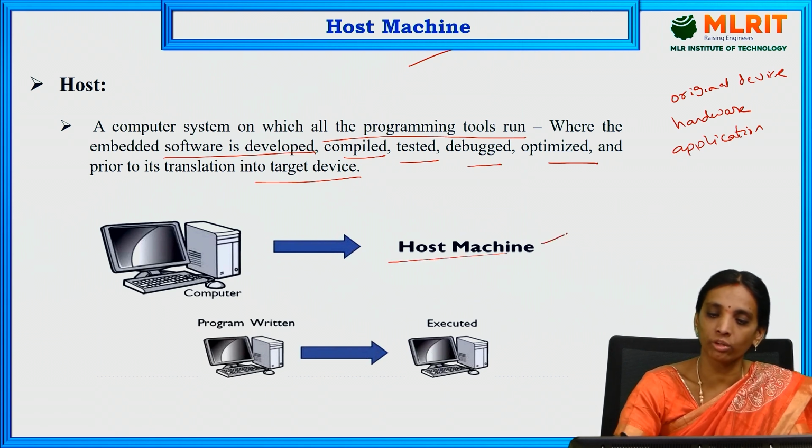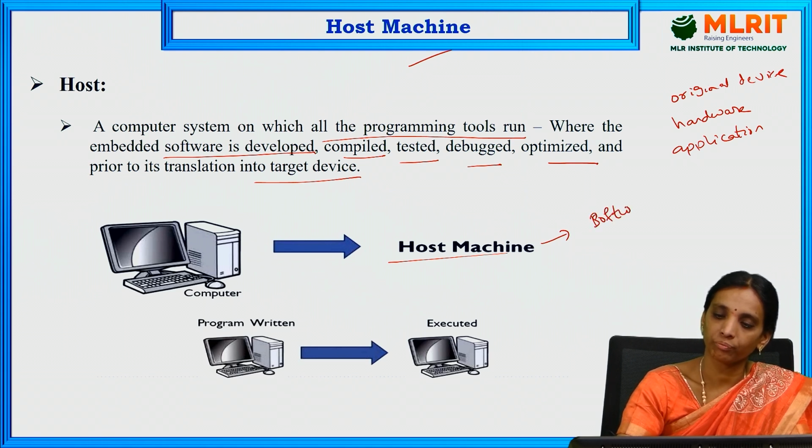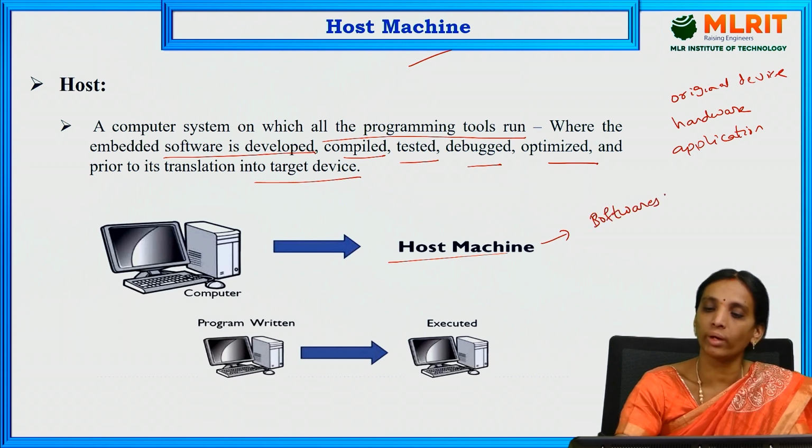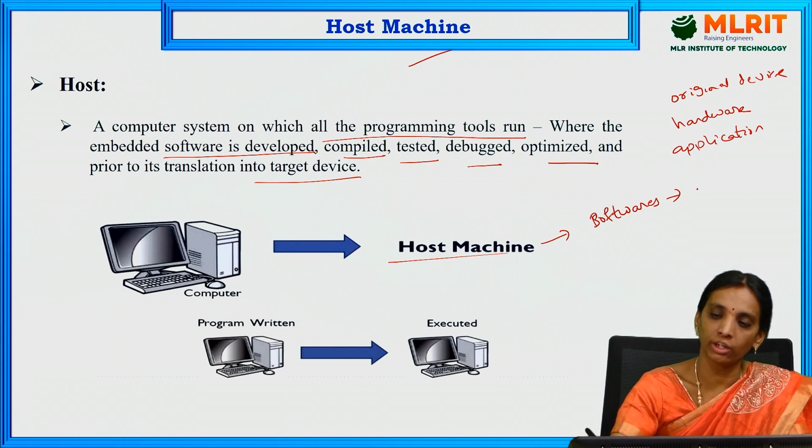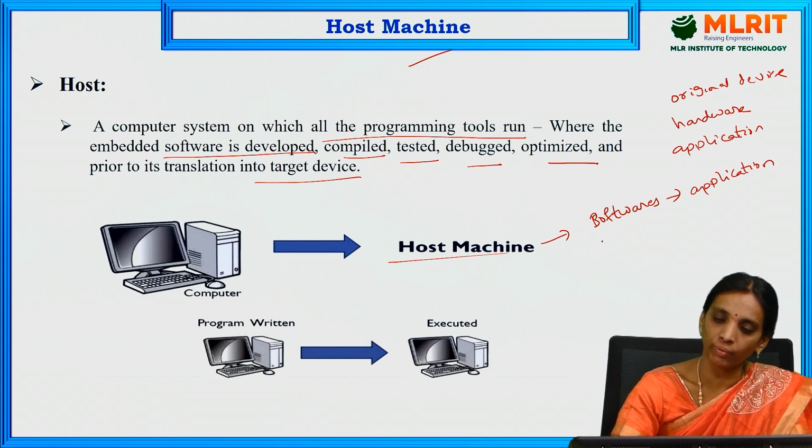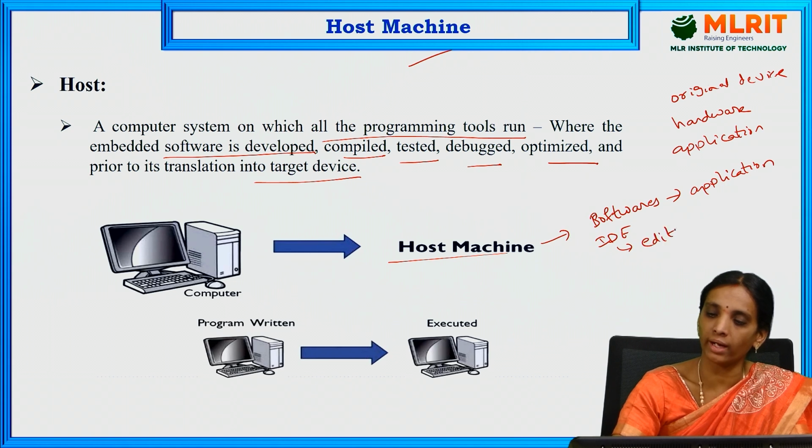In that host machine we have to install all the software required for that particular processor application, and by using that software we can develop an IDE, which is an editor for writing our program.